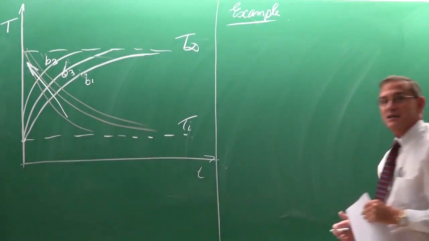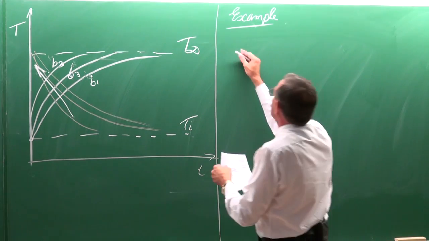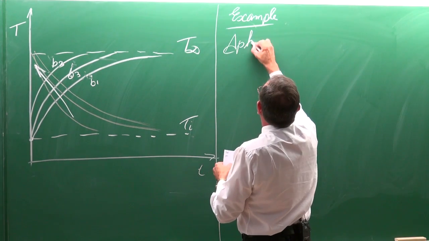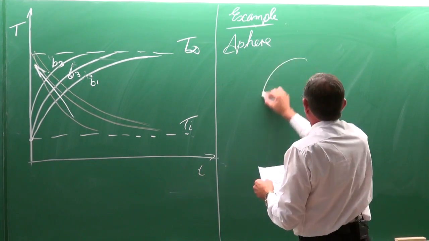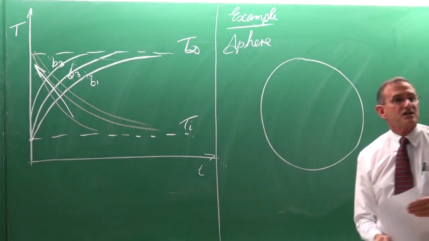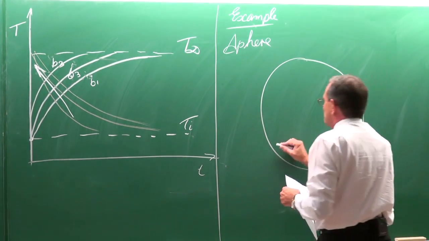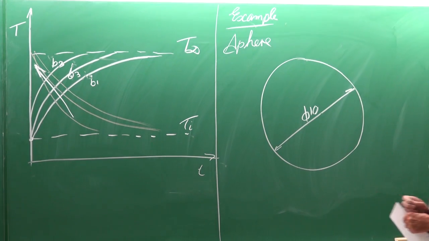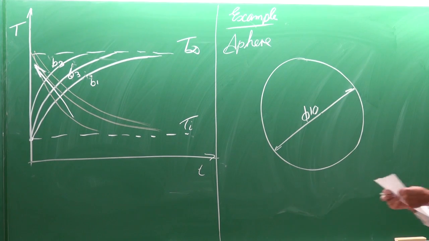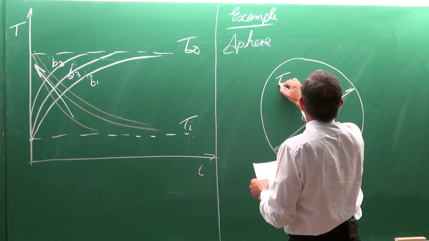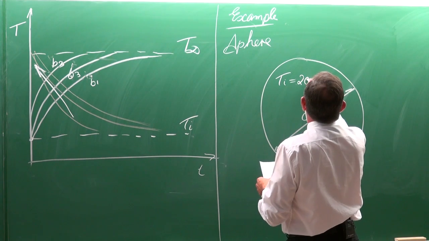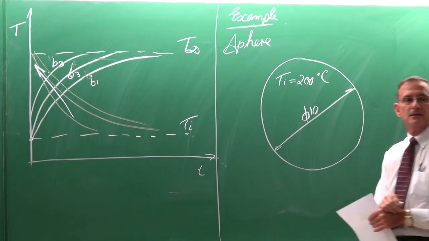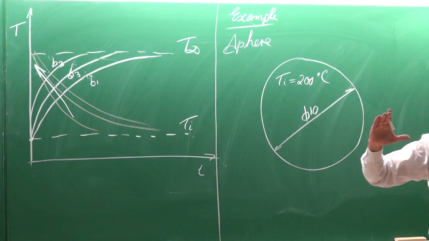Okay. And the example will be a sphere. There is the sphere. It's not to scale because its diameter is 10 millimeters. Small ball bearing. Okay. And the initial temperature of this ball bearing is 200 degrees Celsius, and it's 200 all over, everywhere.